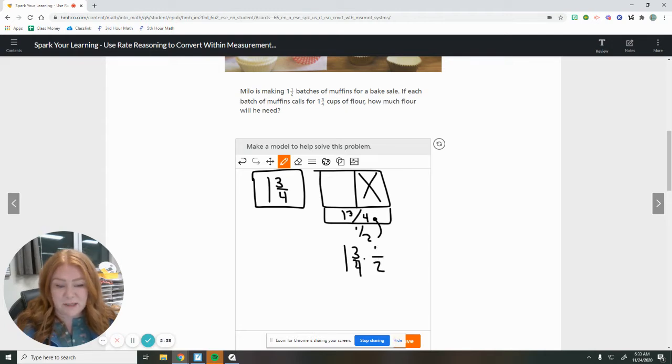So I need to make this improper. So 4 times 1 is 4 plus 3 more is 7/4. And I'm going to multiply by 1/2 equals 7/8.